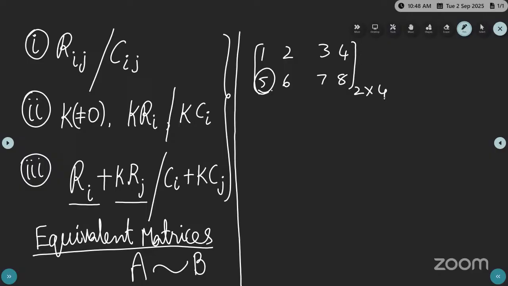Write down the next point. By applying row transformations, the given matrix is transformed into upper triangular form.